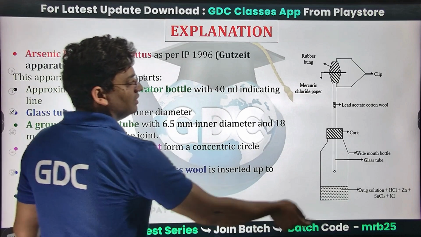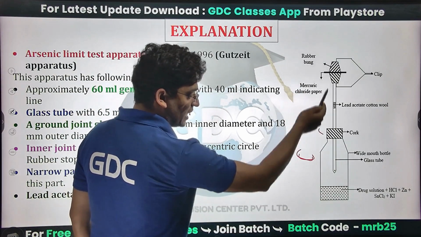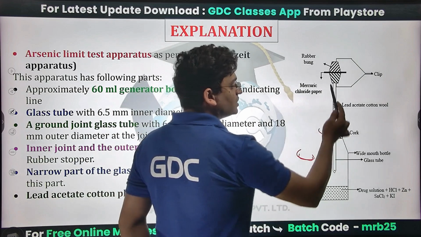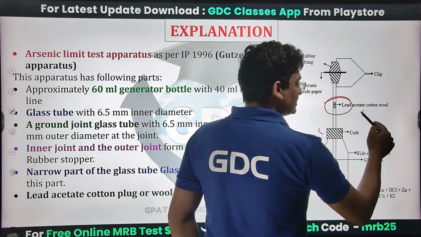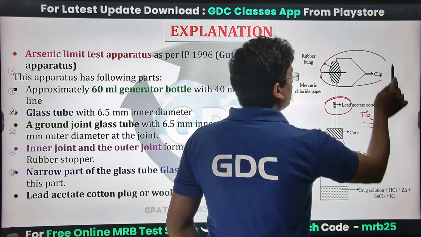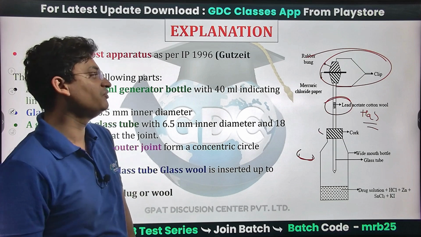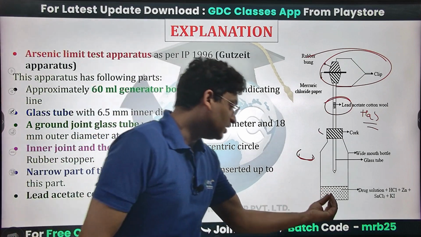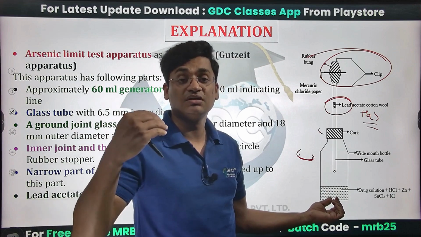This is a Gutzeit apparatus. We have a bottle fitted with a cork, and there is a pipe, you can see, that goes upward, and here we have a lead acetate cotton wool plug to trap H2S gas if it is produced during this reaction. We also have a clamp with mercury chloride paper, HgCl2 paper, fitted over it, and from the bottle we have the substance whose arsenic impurity we are going to check.